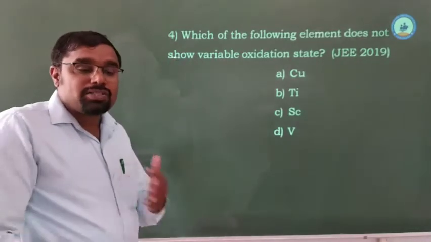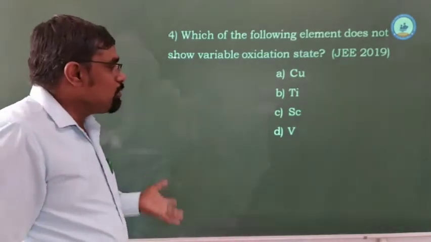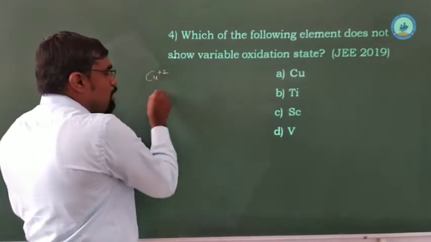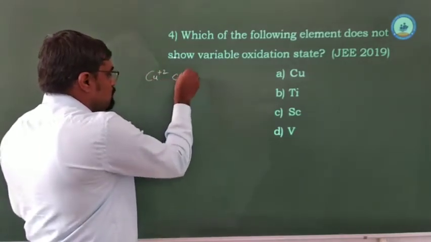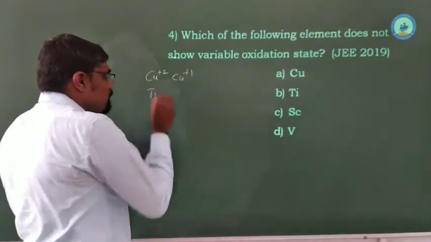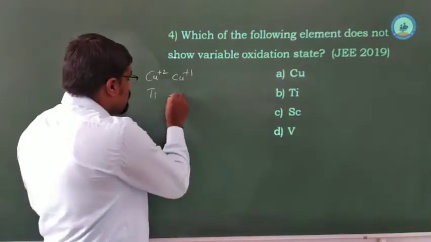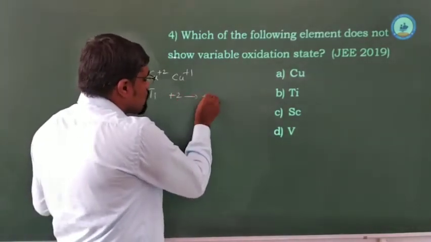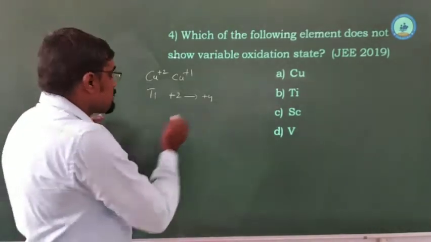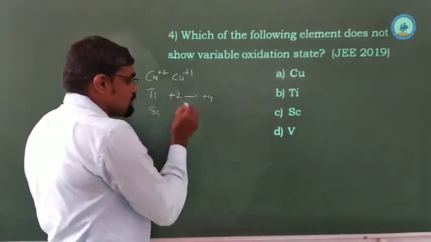If you know the oxidation states of the elements, you can answer easily. Copper has +2 and +1 oxidation states. Titanium shows +2 to +4 oxidation states. Scandium shows only the +3 oxidation state.